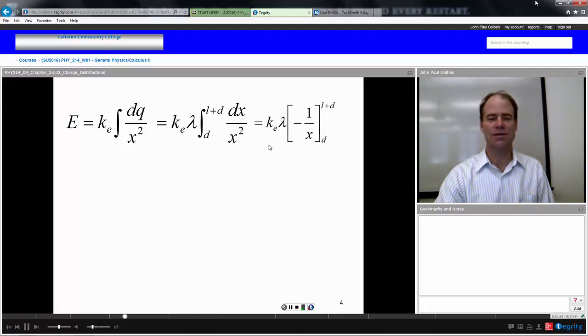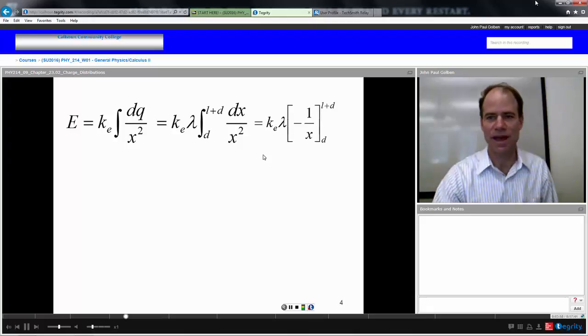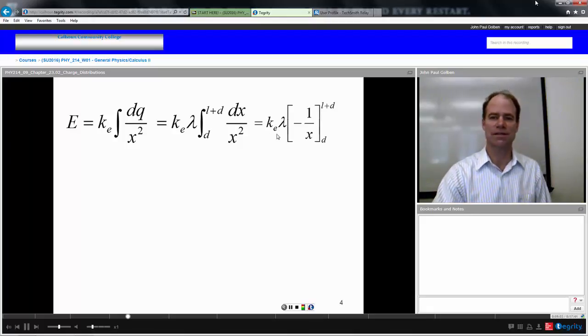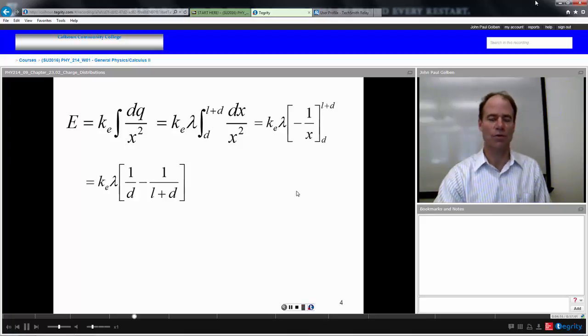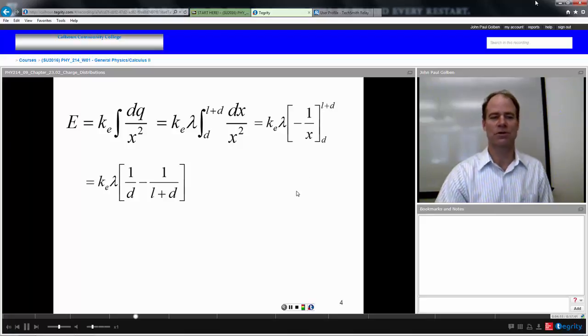But the integration of dx over x squared is just negative 1 over x. So we're going to evaluate this, lambda being a constant, k times lambda, negative 1 over x from d to L plus d. That's going to be negative 1 over L plus d minus a negative 1 over d, which we can write as k lambda times 1 over d minus 1 over L plus d.